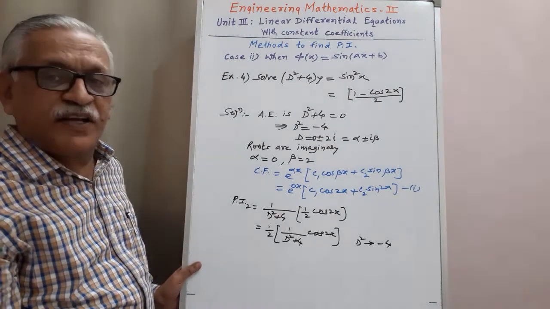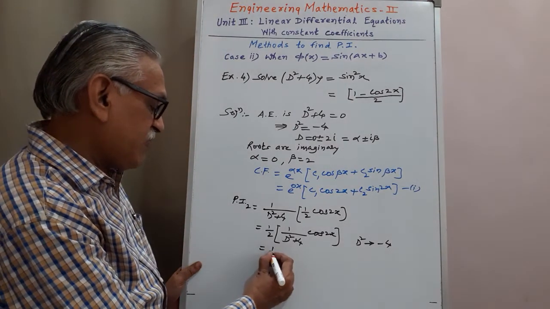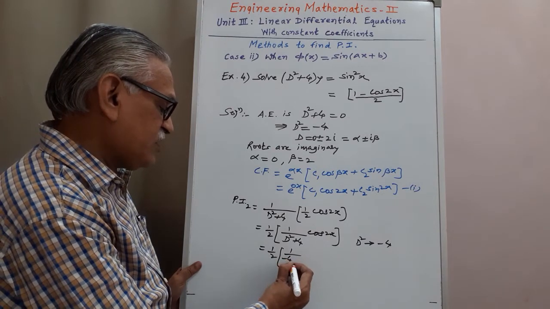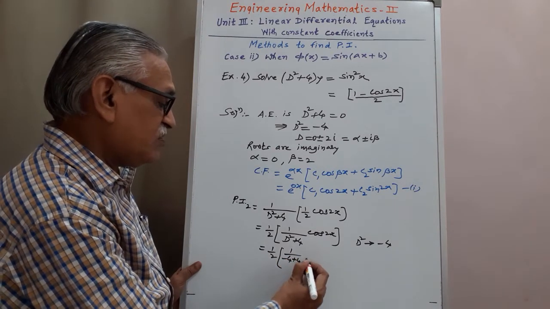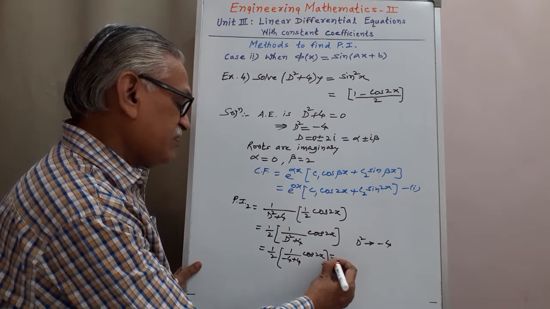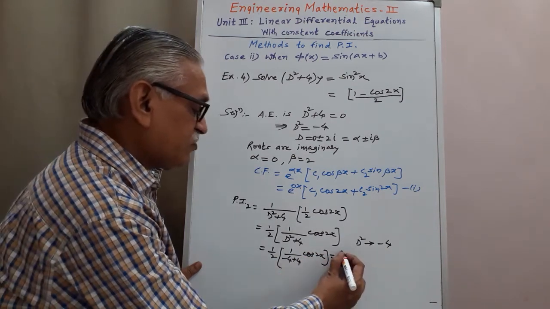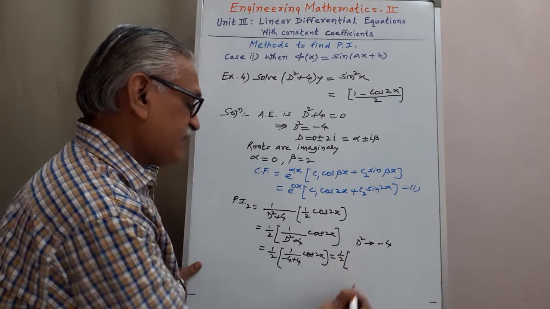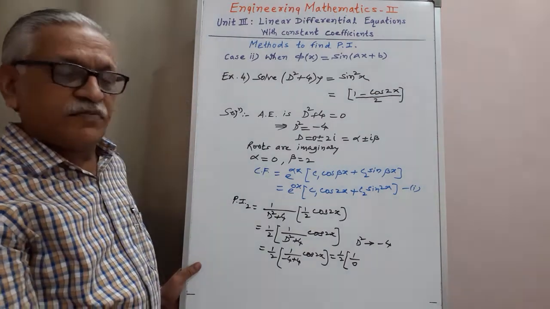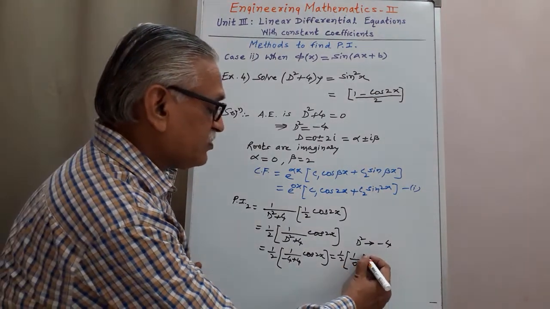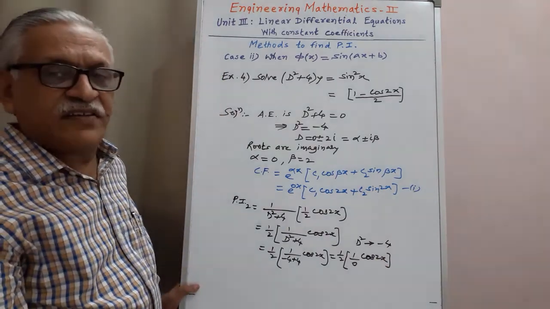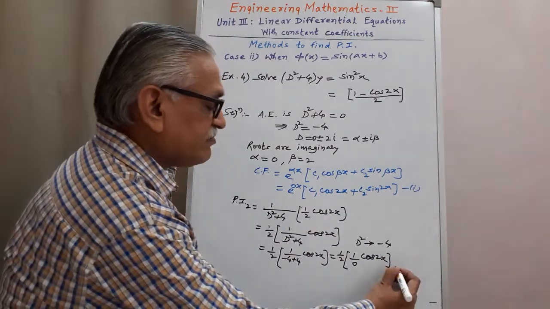Therefore D square replaced by minus 4. We get 1 by 2, 1 upon minus 4 plus 4 into cos of 2x. It is 1 by 2, minus 4 plus 4 is 0, the denominator becomes 0, into cos of 2x, means as the denominator becomes 0, the case fails.